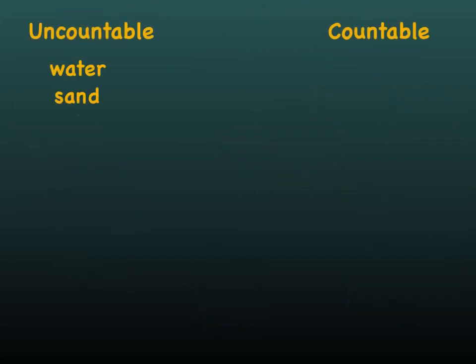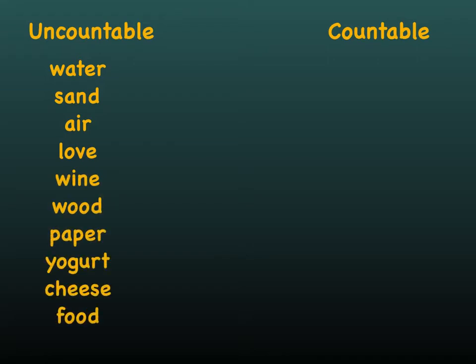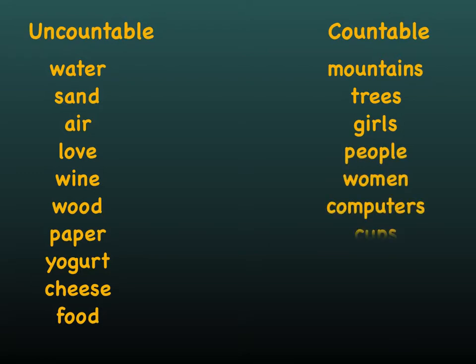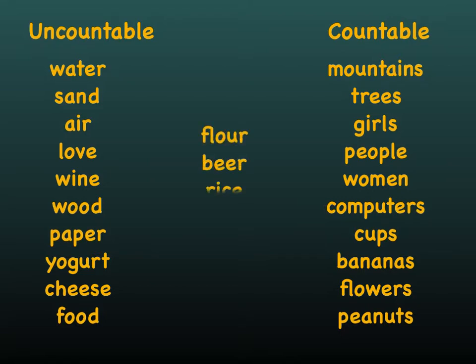Here are some more uncountable nouns, and some countable nouns. Okay. And how about these? Flour, beer, and rice.